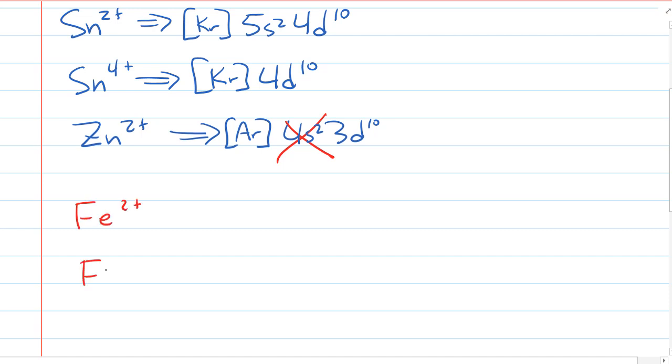Let's see if you can figure out these two, and this is how we will end the day today. Figure out the electron configurations for the, not tin 2+, the iron 2+ ion and the iron 3+ ion.